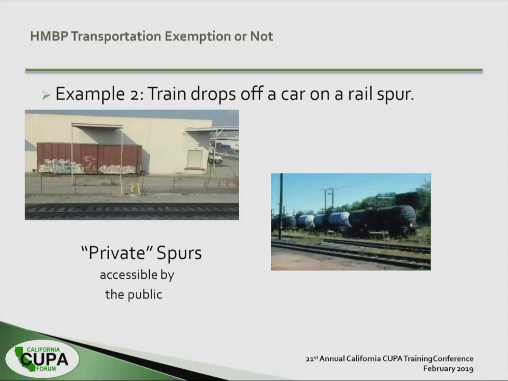But if it is still under active shipping papers, it is still considered in transport. That subtle designation of under active shipping papers is the key to understanding whether that material is regulated under hazardous materials business plans.